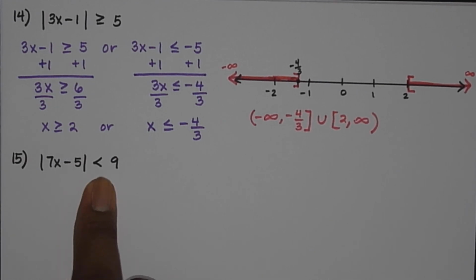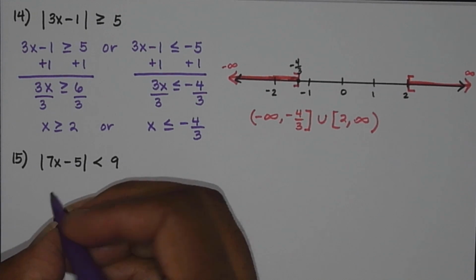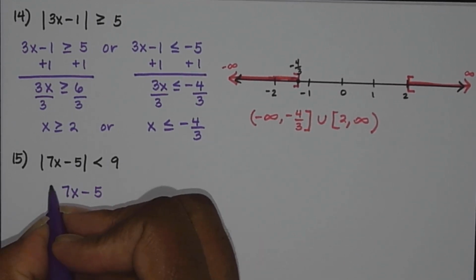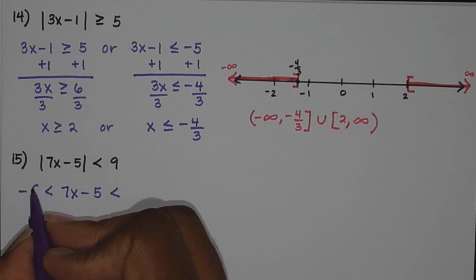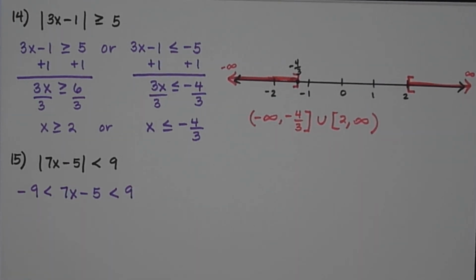But for less than, we write this as a compound inequality. So the setup would be this. That's 7x minus 5, which is inside the absolute value. That goes in the center of your two less than symbols. The 9 on the left side will be negative. The 9 on the right side will be positive.